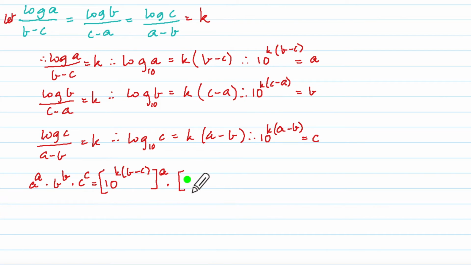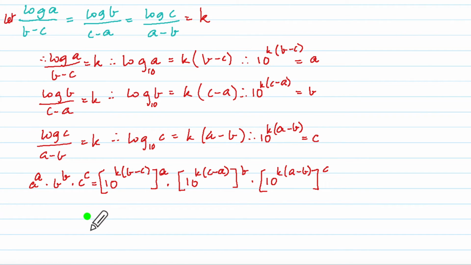B is this, so that is 10 to the power k into bracket c minus a and bracket to the power b, into 10 to the power c has the value 10 to the power k into a minus b, and this is going to be raised to the power c.